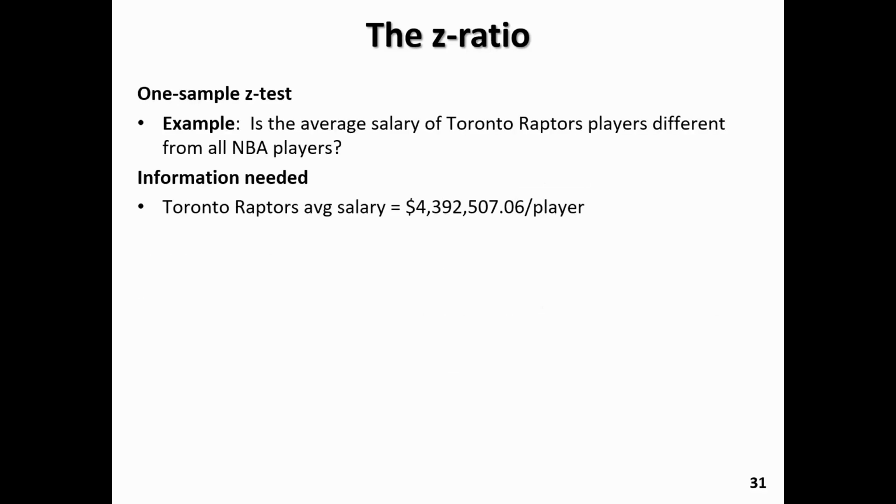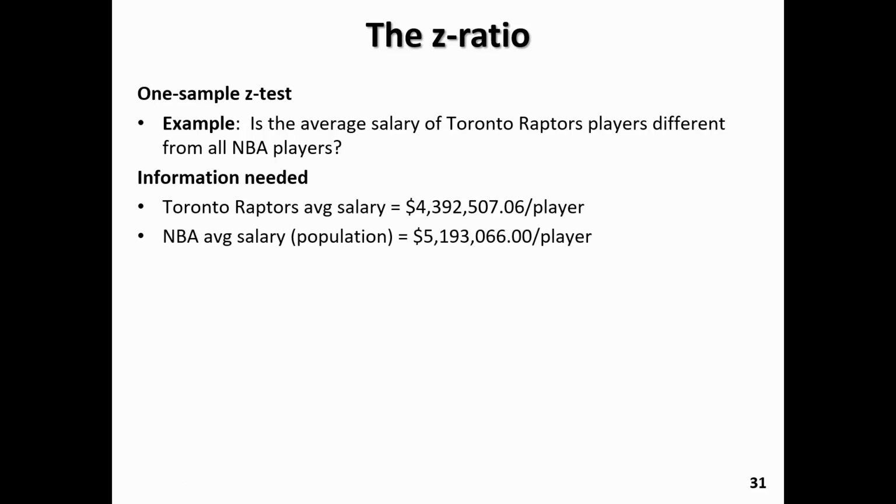In order to carry this out, we do need some information. As part of the data collection process, we might compute descriptive statistics for all the players on the Toronto Raptors and find the average salary is almost $4.4 million per player.